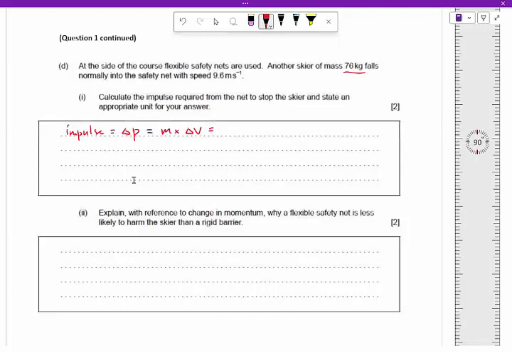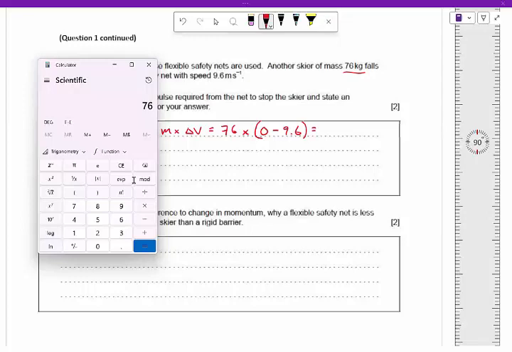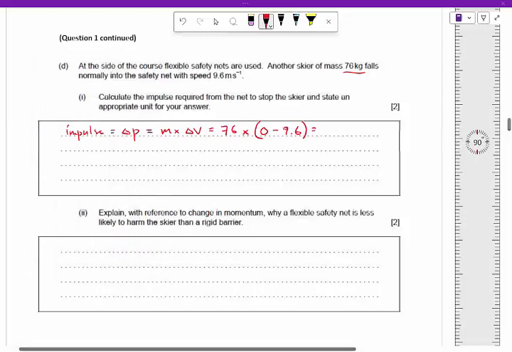So we can say 76 times final minus initial, so the final is 0 minus 9.6, so the impulse is 76 times negative 9.6, which is negative 729.6.